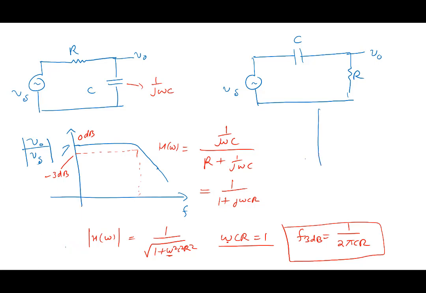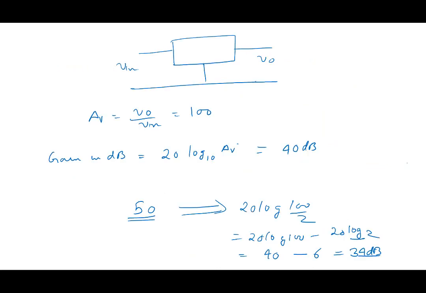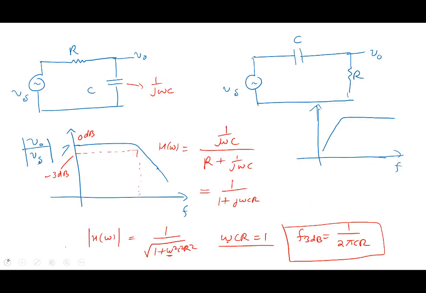Similarly, you can easily plot this other circuit. This one goes the opposite way, like this versus frequency, and here also this part is 0 dB and there is a 3 dB point, F3 dB, which is again given by the same formula, 1 over 2 pi RC.